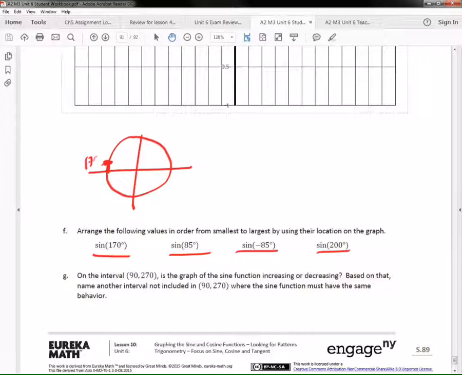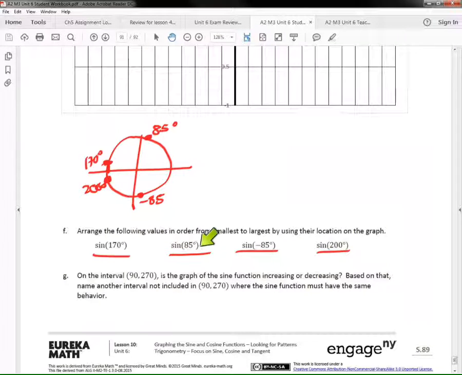This is 170. And then we have 85. 85 would be really close to 90 degrees. Do you guys see that? And then we have negative 85, which would go the opposite direction. Not a full 90, just negative 85. And then the last one is 200. 200 would be right here, right after the 180.